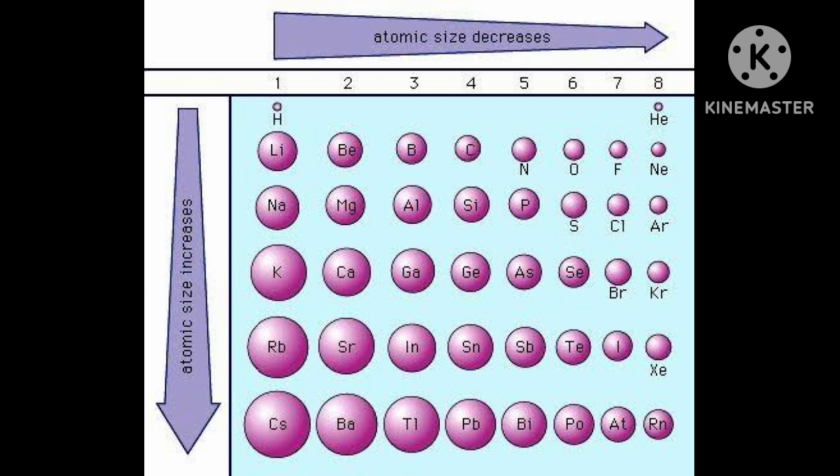Now here the total +8 is there, because actually in the case of helium only 2 electrons are there, and maximum +2 they can give.